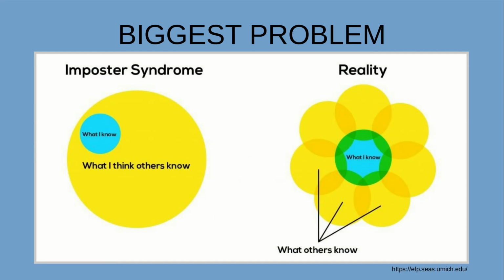So the biggest problem with this is something like imposter syndrome. Imposter syndrome is this mistaken belief that you know so much less than other people. And everybody suffers from this. When I was a graduate student at Duke in math, everybody thought they were the mistake. Everybody had this fear and belief that they somehow slipped through the admission process, weren't qualified to be there, but somehow they got into school anyway.